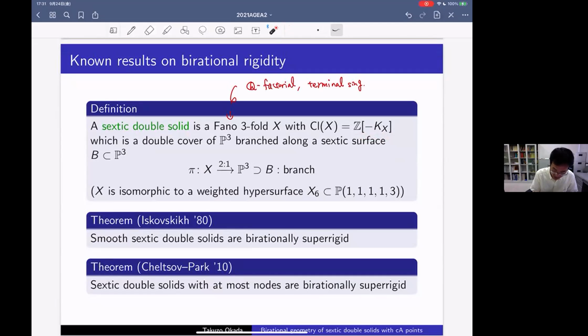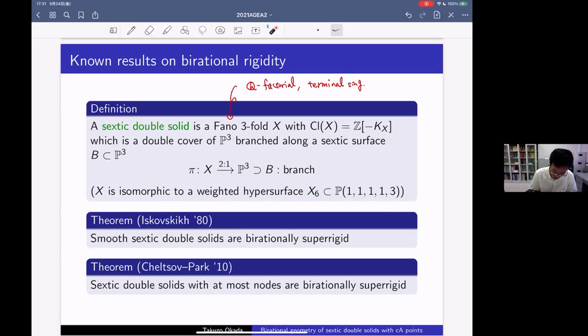And okay, it is a Fano threefold with class group isomorphic to Z which is a double cover of P3, branched along a sextic surface B. In other words, X is isomorphic to a weighted hypersurface of degree 6 inside this space.